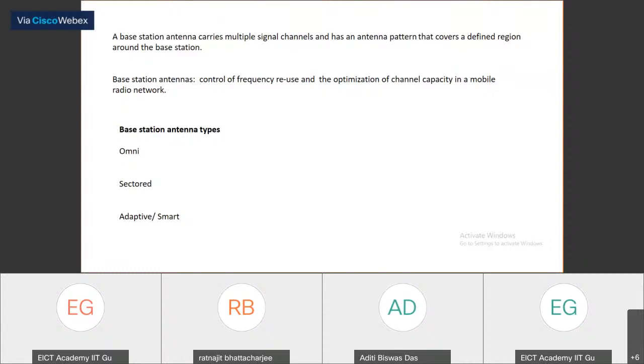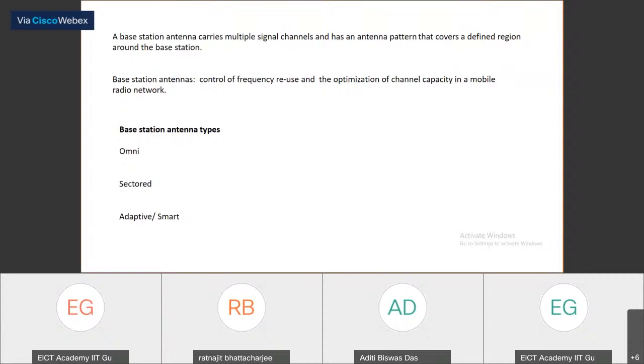And then from 3G onward, people have started talking of adaptive antennas or smart antennas. The difference is that in a sectored antenna also, the antenna serves the sector under its control. When it comes to adaptive antennas, beamforming antennas, or smart antennas, many terminologies are used. These are the antennas where you can actually change the beam location, you can create multiple beams, and the ultimate is that you can put one user in a narrow beam.